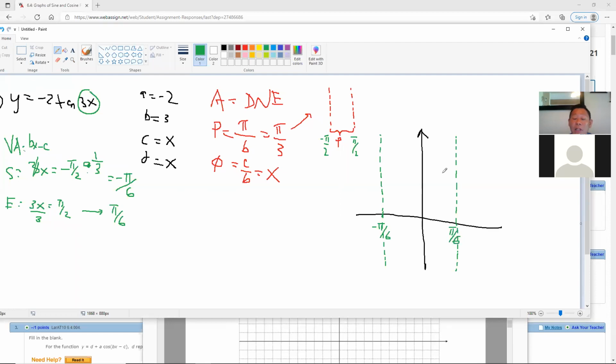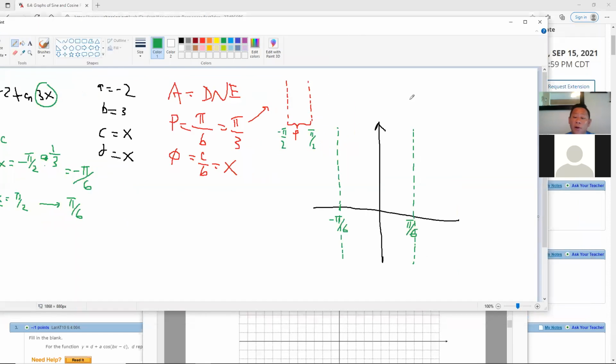Now, as you know, we need 2 cycles. In order for us to figure out the next one, you take this pi over 6 and add it with your period. Your period in this case is pi over 3.